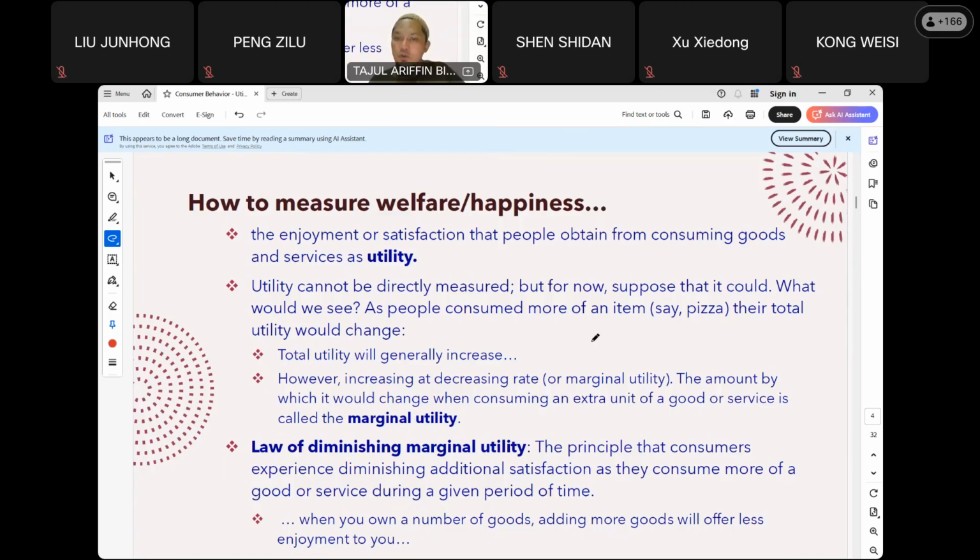Of course, it's not written there how much satisfaction it gives. But you have your own prediction of how much you can enjoy a piece of pizza. You have your own way of judging and putting value.